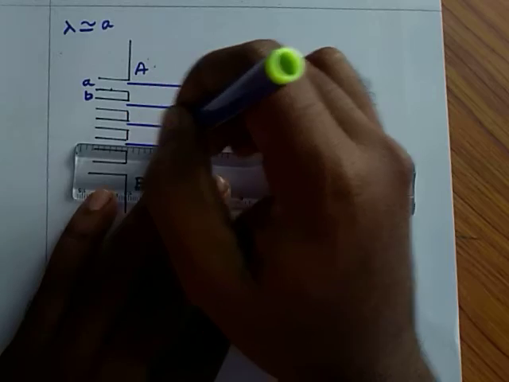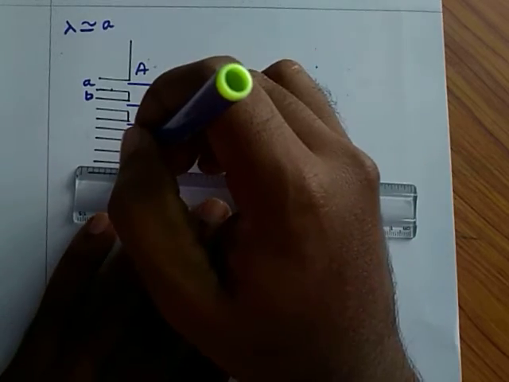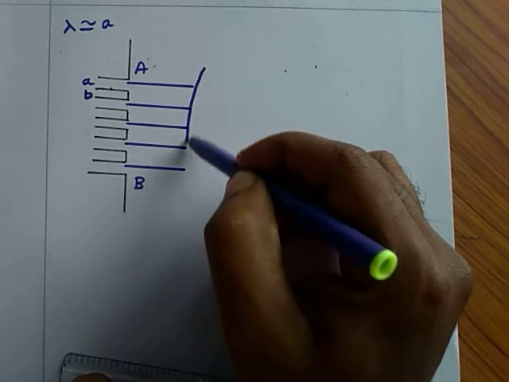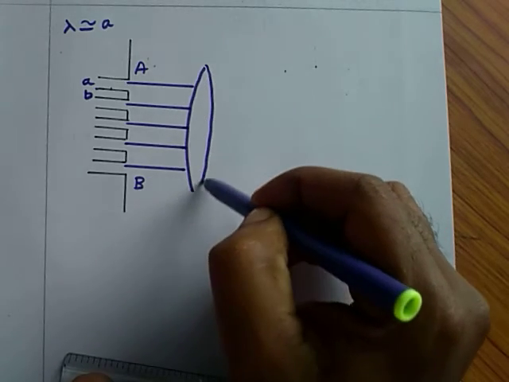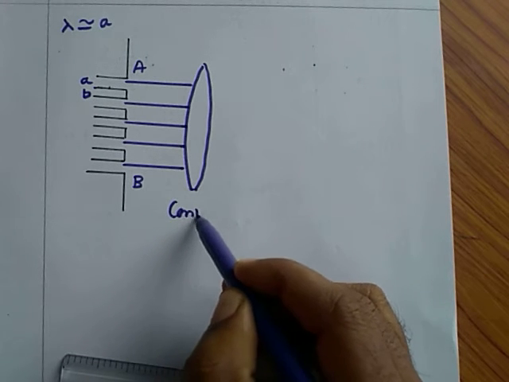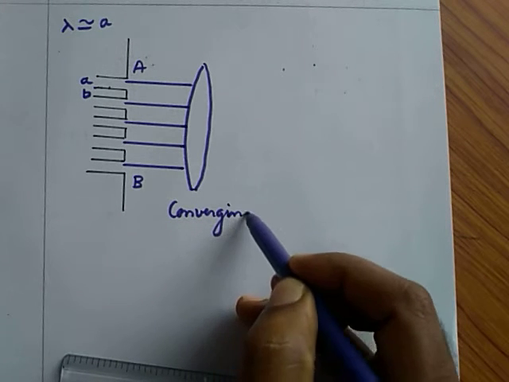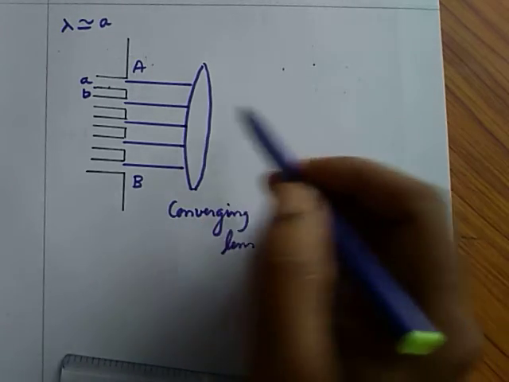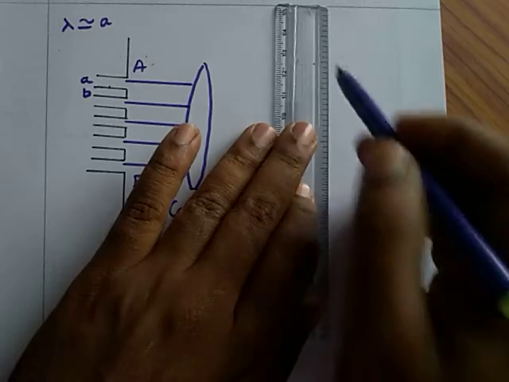These are the plane wavefronts from the slit. On its path I am placing a biconvex lens, that is, a converging lens. Then at the focal length of the lens I am placing the screen.